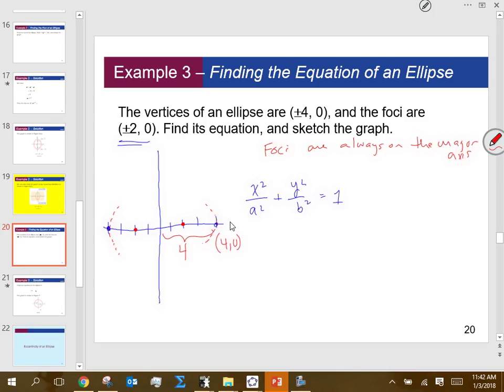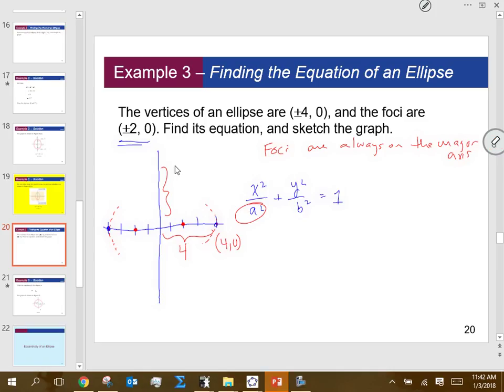And if you remember from an example we did in class, the way we get that 4 is that we take the square root of that number. So if we take the square root of that number and got 4, that number had to have been 16. And I know that that is going with the x because it's in the x direction. If the 4 would have been in the up direction, then the 16 would go with the y.